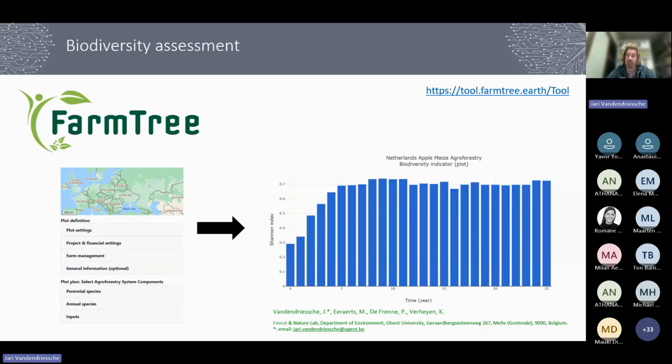It's actually a global metric for biodiversity, and it gives you how biodiversity levels differ throughout the age of the agroforestry system. You can also make comparisons between different scenarios in that tool, so it's quite interesting. I also added the link here.